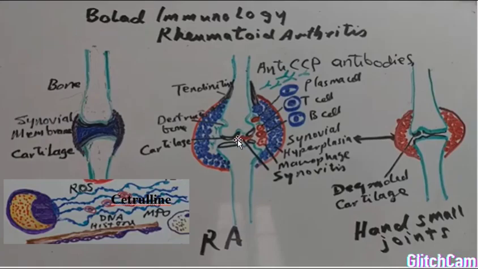And as I mentioned, during apoptosis, citrulline is produced as a normal physiological process.